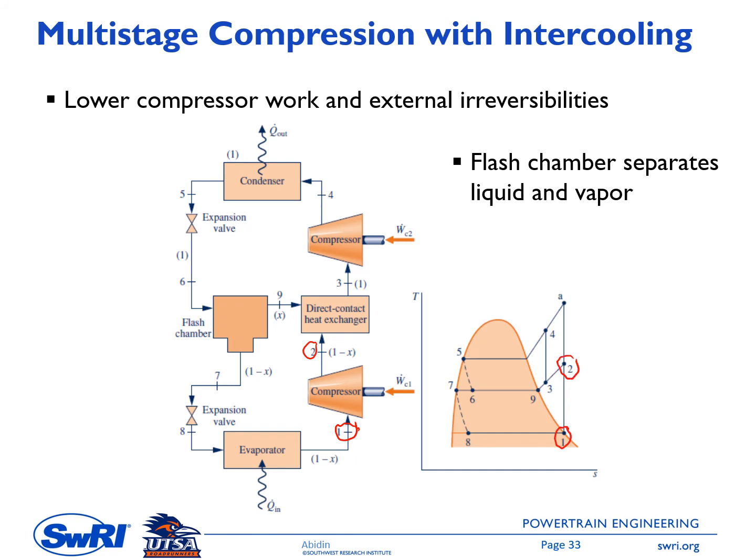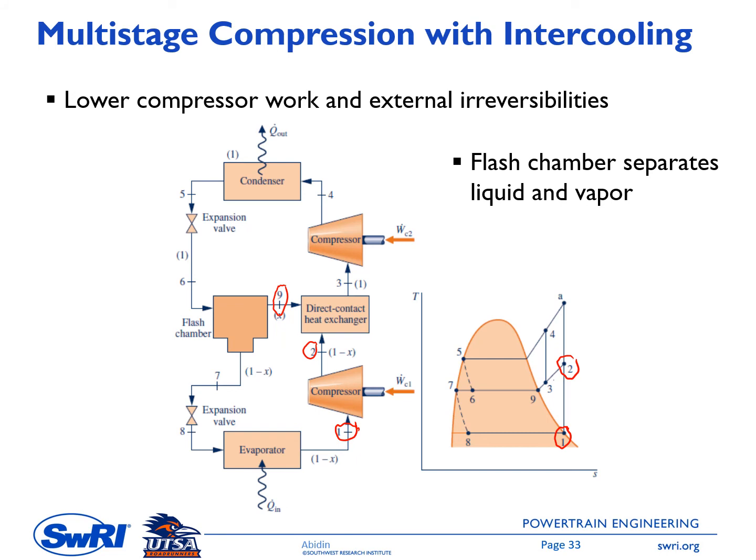And then before it enters the second compressor, the working fluid at state number 2 is cooled by the working fluid from the other side, which is point 9 here, because point 9 has a lower temperature than the temperature at point 2, and then both streams mix inside this direct contact heat exchanger, and then at the exit of this direct contact heat exchanger we have point 3.